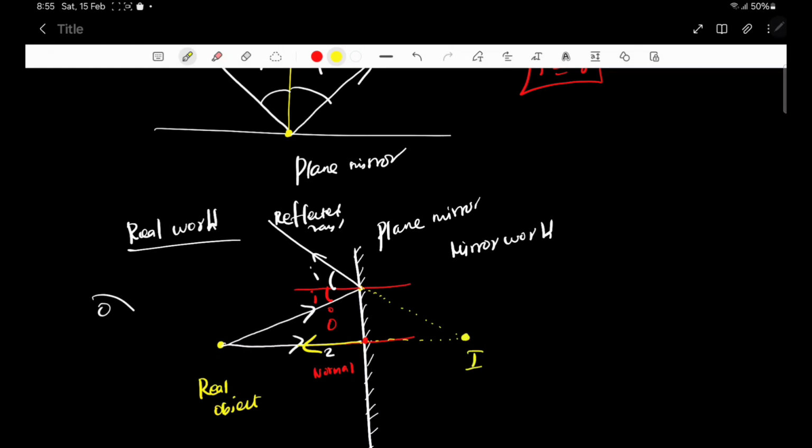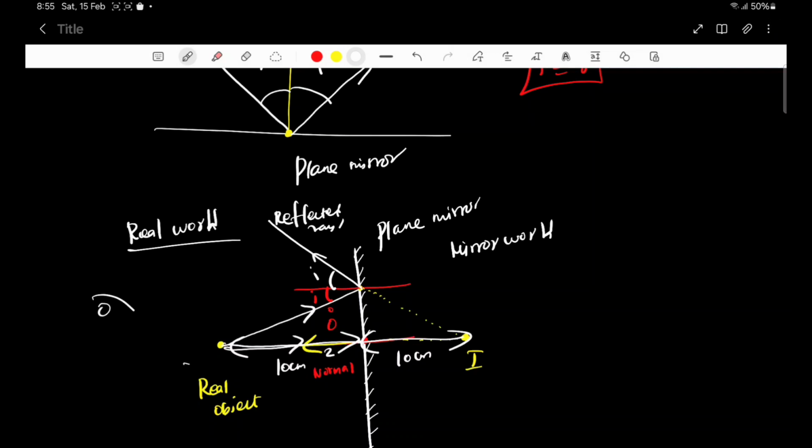From the figure you can very clearly sense that whatever distance the real object is from the mirror, the image is at the same distance. So if this distance is 10 centimeters, this distance is also 10 centimeters, which means the object to mirror distance will always be equal to the image to mirror distance. For a plane mirror, this will be the case all the time.